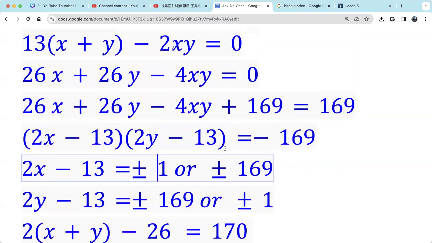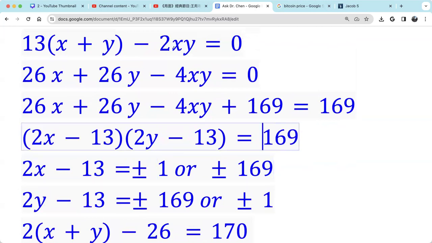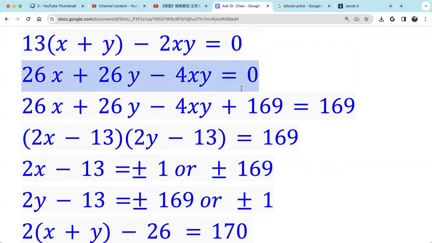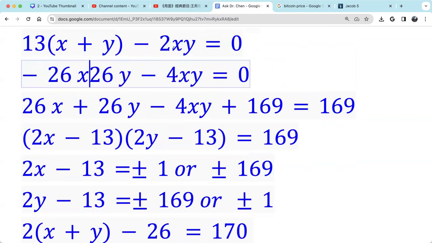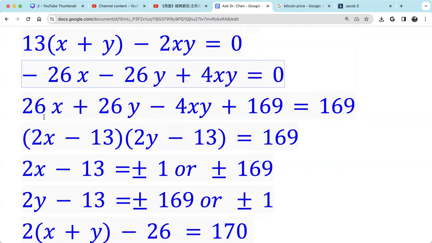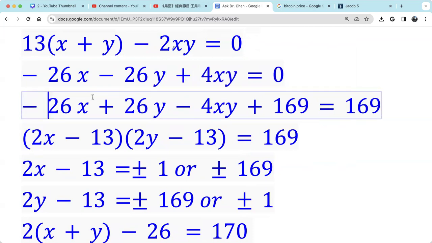Actually, you know, I don't need to make this negative because I can change everything from here, right? I multiply negative 1 from here. This is negative, this becomes negative, this becomes positive. So here is negative, negative, because 0 times negative 1 is still 0. So positive, all right. So in this way, I don't have to deal with negative 169.